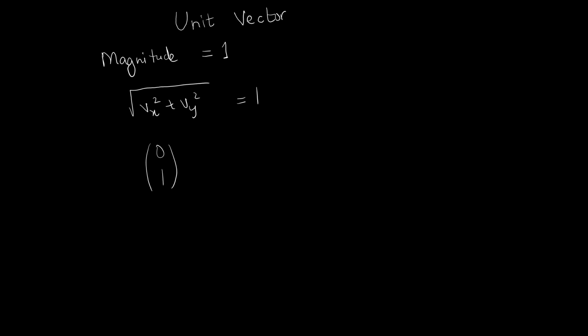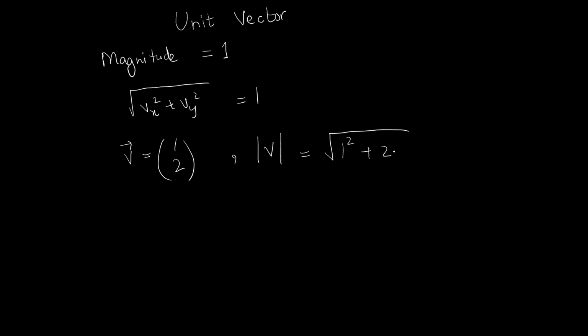You can also convert any vector into the unit vector. For example, in this case, the magnitude is also represented by this 2 bars. It is cubed of 5.